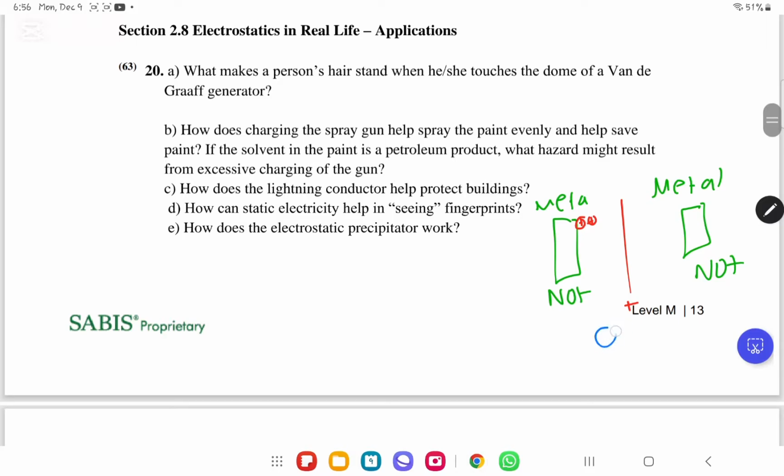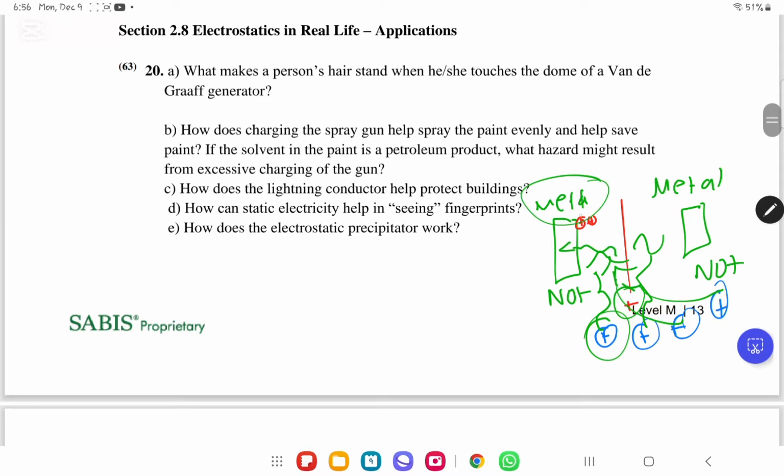So the smoke is gonna come, and let's say the smoke is positively charged. It will come over here, possibly here, or here. And because you have a positive charge over here, and these are already positively charged, it's gonna come to this metal plate, which is neutral. Since it is neutral, it's gonna attract the positive charges.